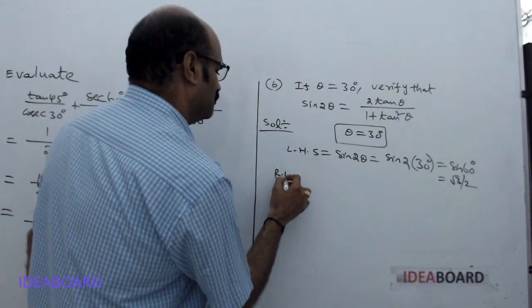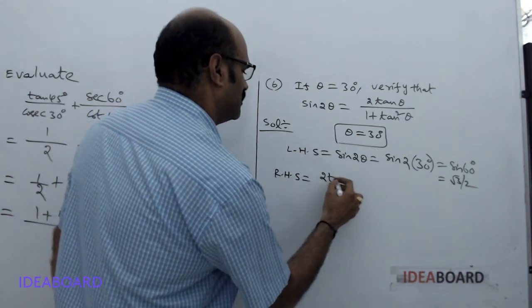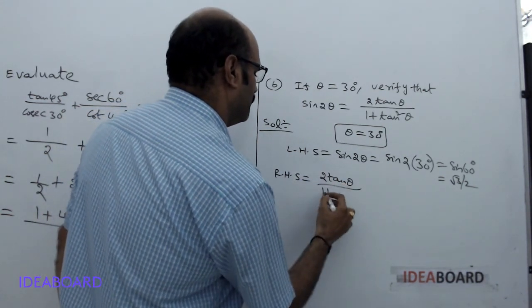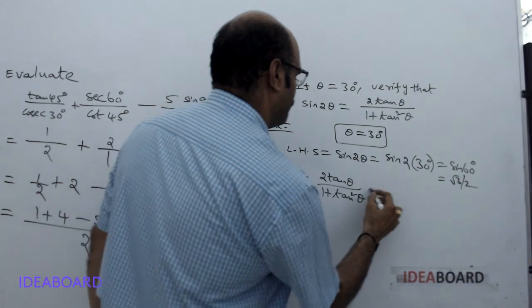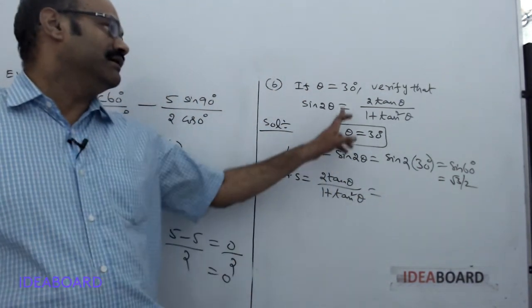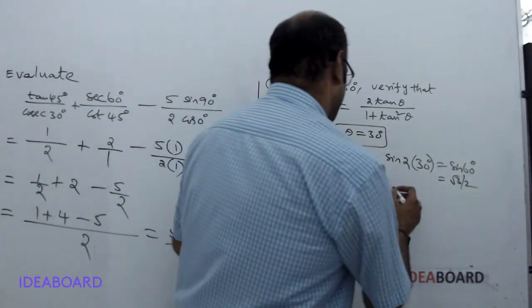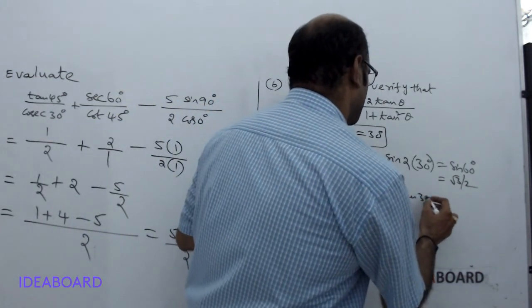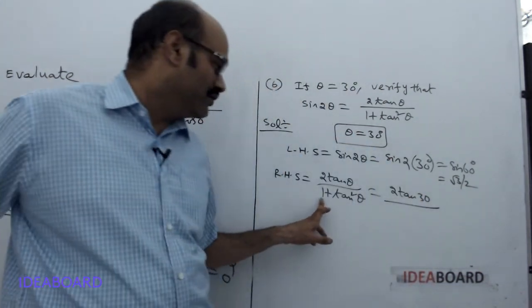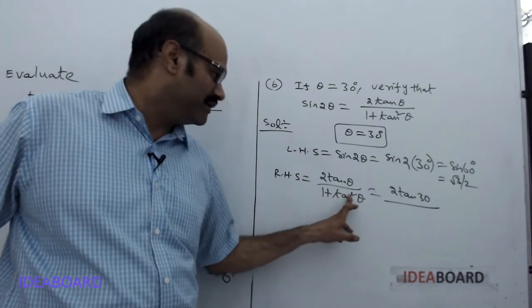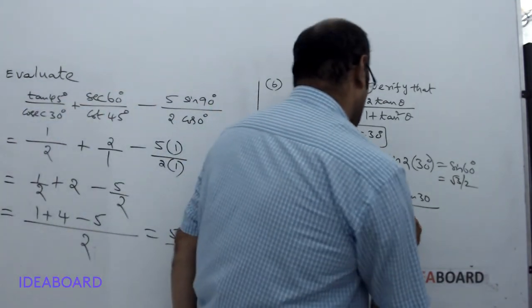Now RHS equal to 2 tan theta by 1 plus tan square theta, take theta equal to 30 degrees here. So when you take 30, 2 into tan 30, whole by 1 plus tan 30 whole square.